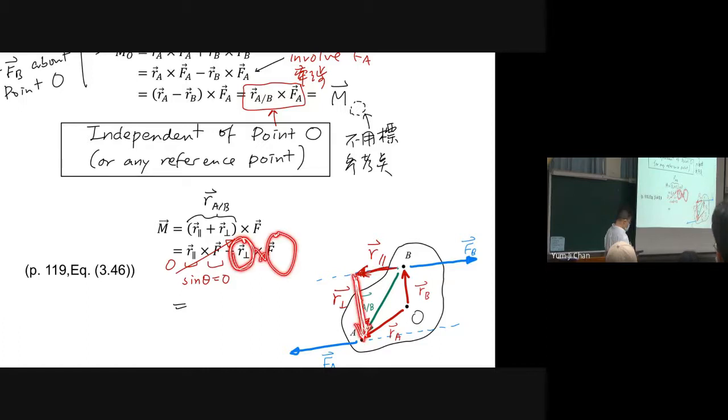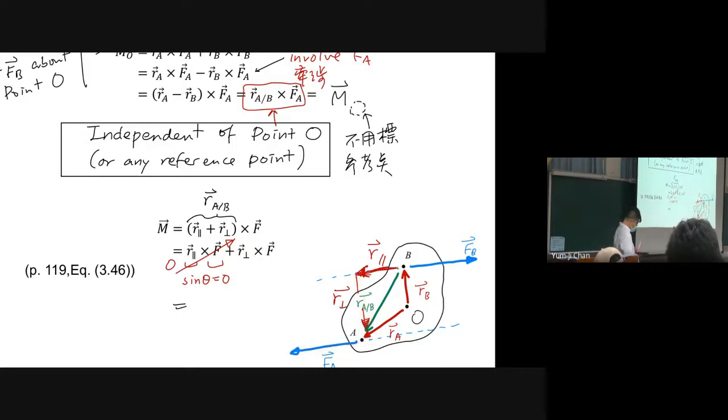We only need the perpendicular distance between the two parallel lines, and then we do the cross product with FB or FA.